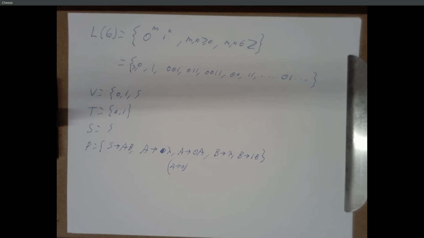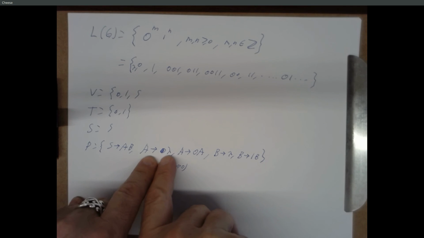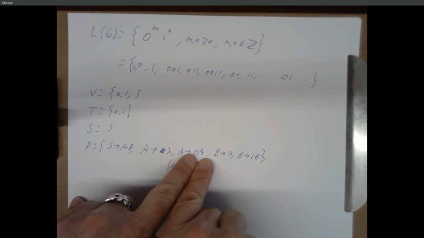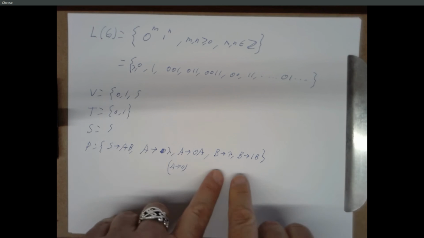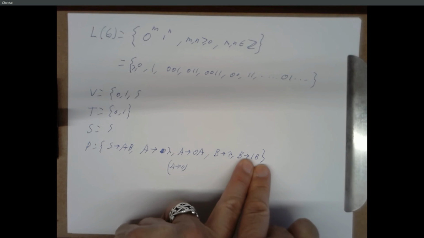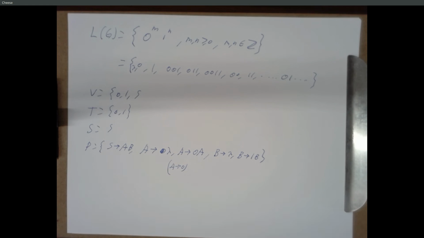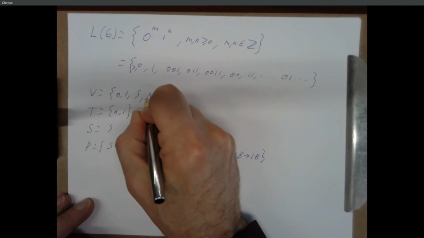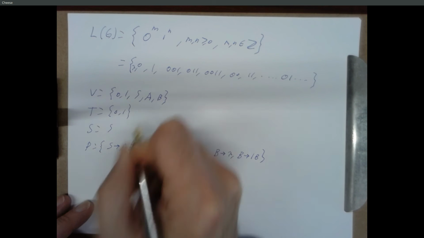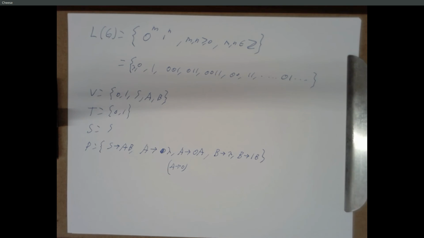And how do we describe a bunch of zeros, including none? Well, it could be empty, or it can be a 0 followed by a bunch of zeros. And B could be empty, or it could be a 1 followed by a B, which is a bunch of ones. And yeah, that's a perfectly good phrase structure grammar. So we'll add A and B to our vocabulary, and there you go.